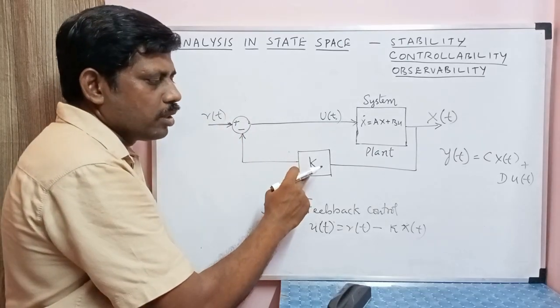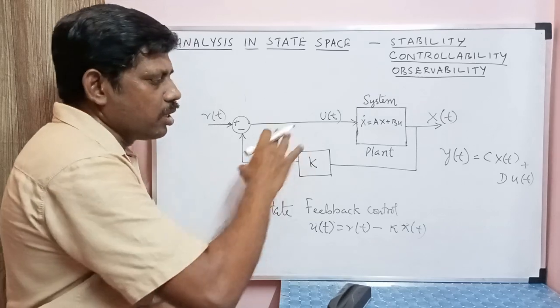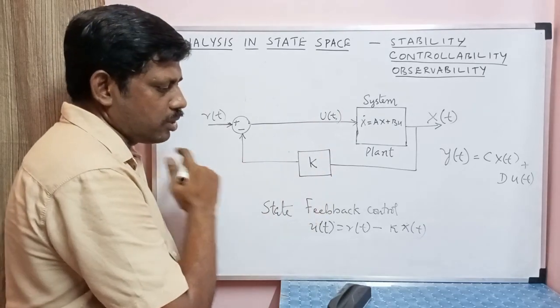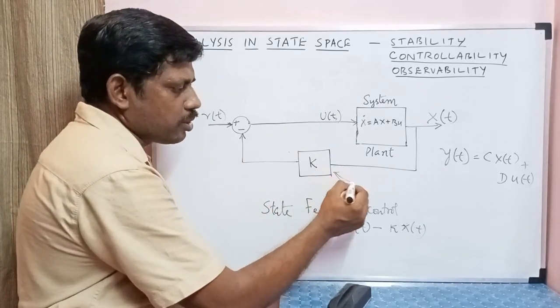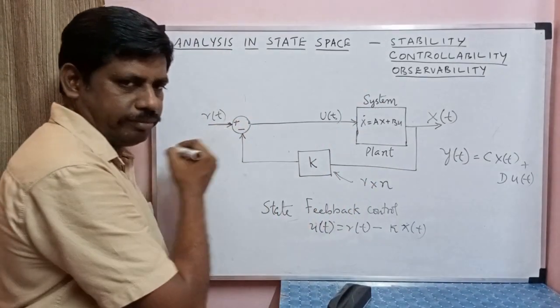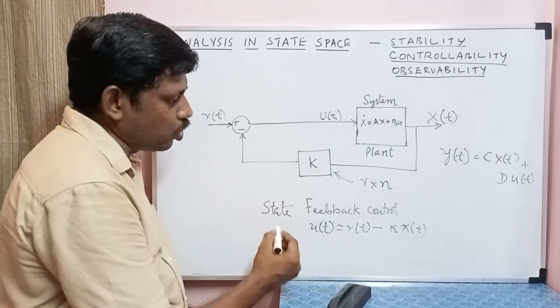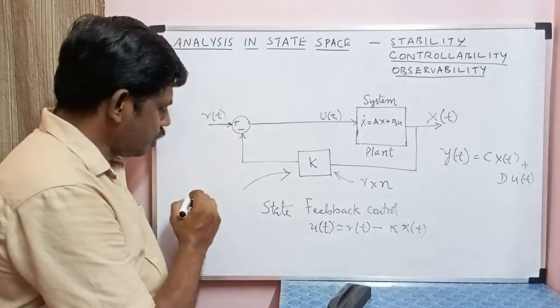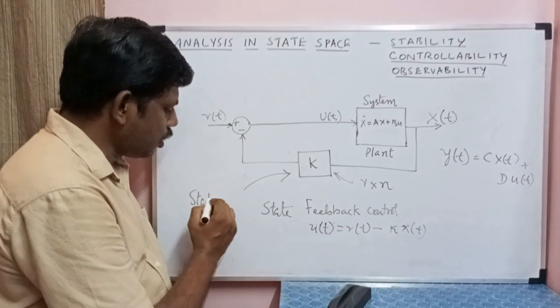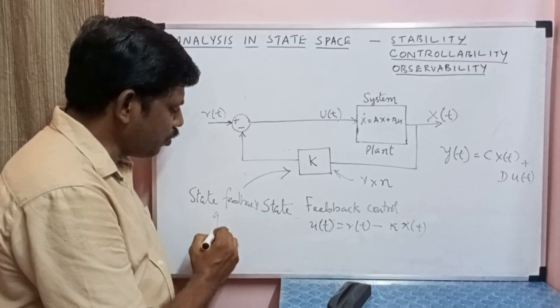And therefore, this k is no more a single constant, a scalar constant. It is going to be a matrix. The size of this k matrix will be r cross n. Okay, and this matrix is what we call state feedback gain matrix.